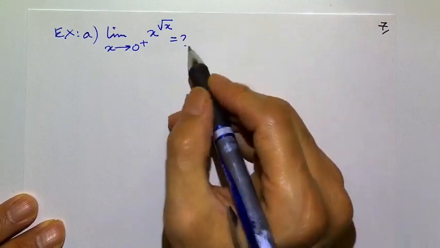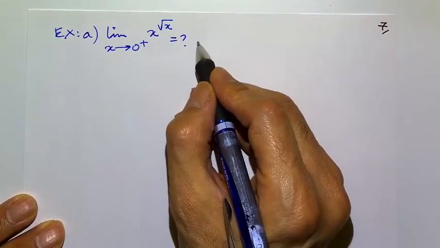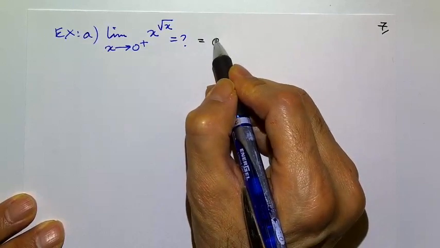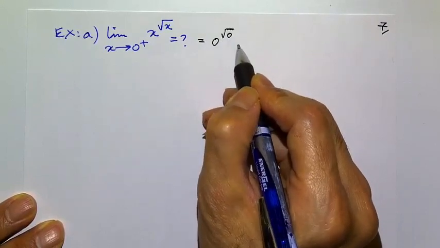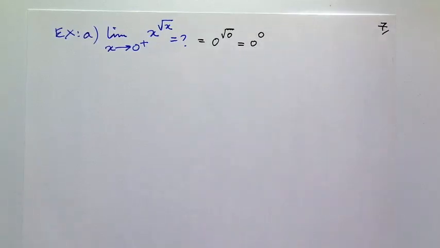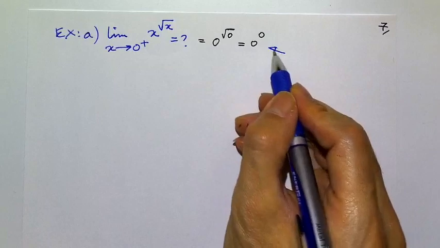Okay, so I'm assuming you've done that, and now you're back. Let's apply the limit first to see what we'll get. We'll get 0 to the square root of 0, which equals 0 to the 0 power. This is certainly one of those indeterminate forms, right?